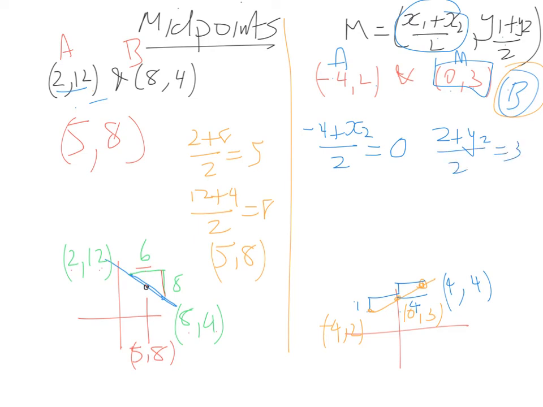Then we solve. 2 times 0 is 0, so -4 plus x2 equals 0. So x2 has got to equal 4, which matches what we've got there.